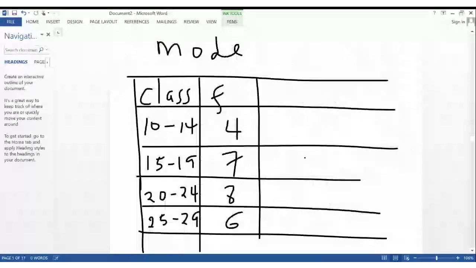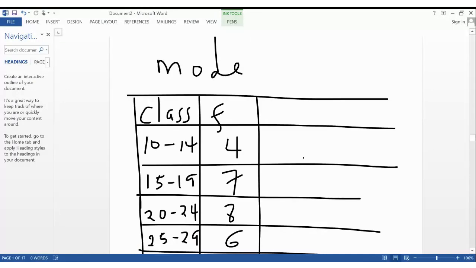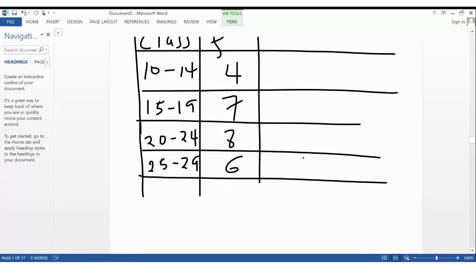Can someone try the class width W? Because the class width will be given from this class. Let's start with the class width first of all. Class width? Someone to try? Give me an answer.